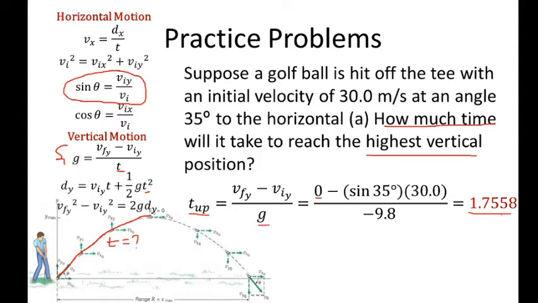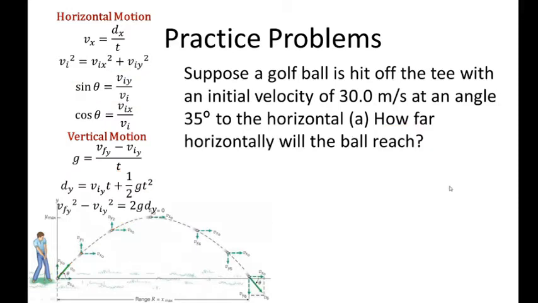So we have 1.775 as our value for time. So the ball reaches the highest position in approximately 1.8 seconds. Again, this equation right here is this one right here.